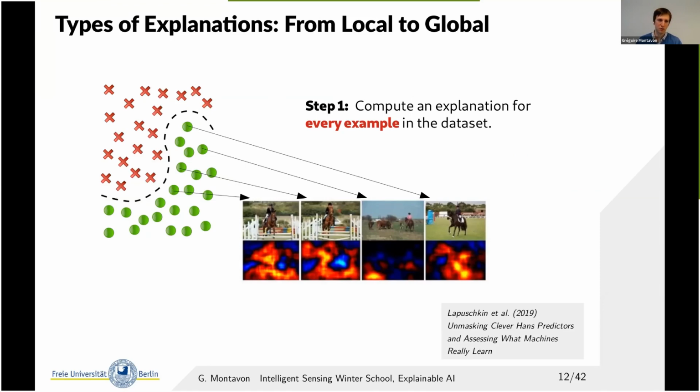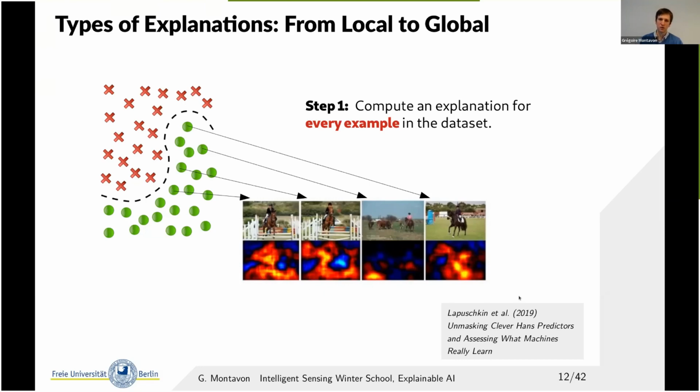The idea is that if you have a data set and a fast explanation technique, you can compute an explanation of the class horse, for example, for every single data point. And this is what you get. For every data point, you have its own explanation, which indicates why the neural network believes there is a horse or not in the image.